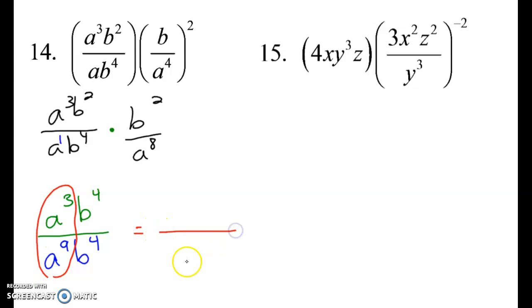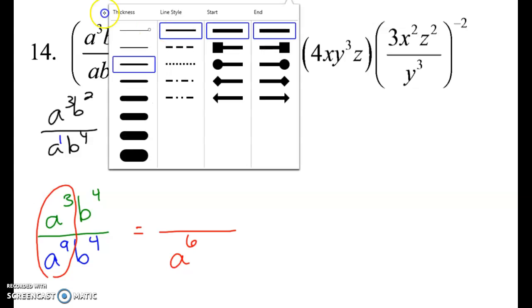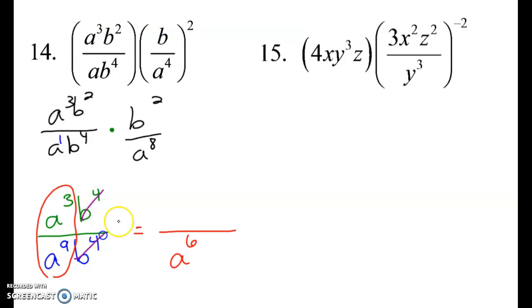The bigger one was in the denominator, so we're going to subtract still, but put the answer where the bigger exponent started. And then b to the 4th over b to the 4th will just be a 1. So it's going to be 1 over a to the 6th. All right, go ahead and try 15.